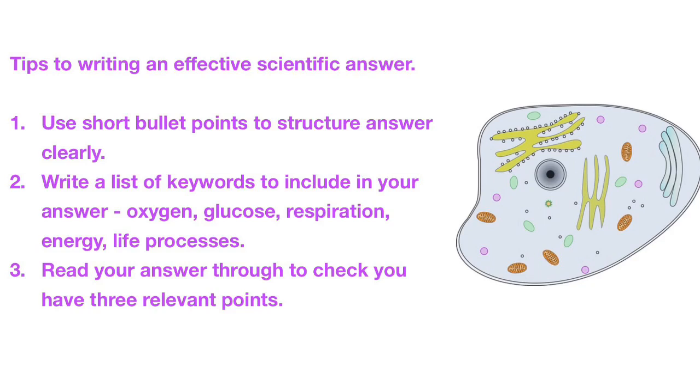I've chosen oxygen, glucose, respiration, energy and life processes. Tip 3 is to read through your answer and check how many relevant points you've made. If your question, for example, was worth 3 marks, you need to make 3 relevant points. This is where the bullet points really help.